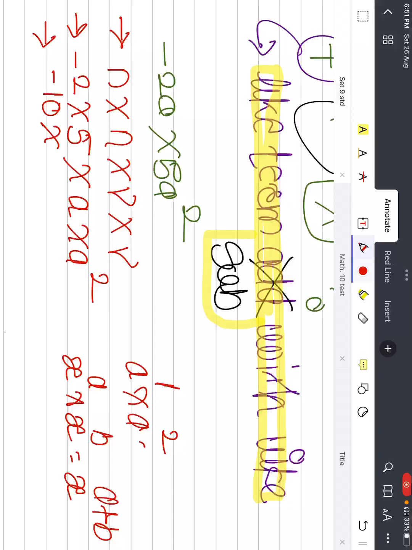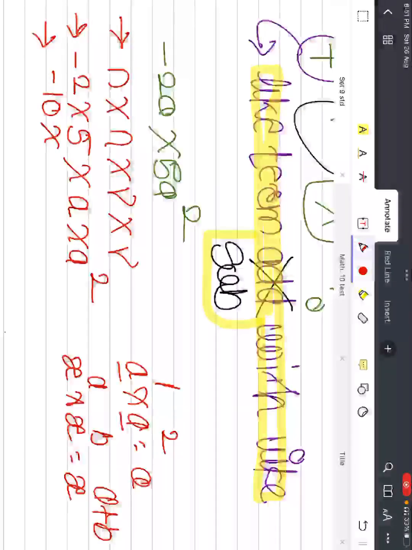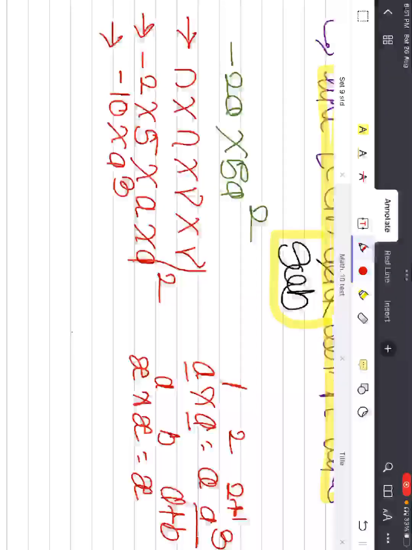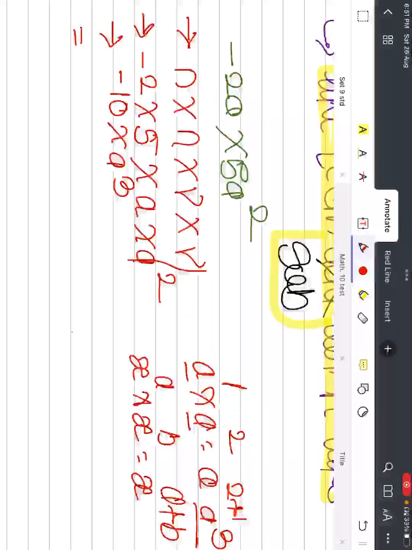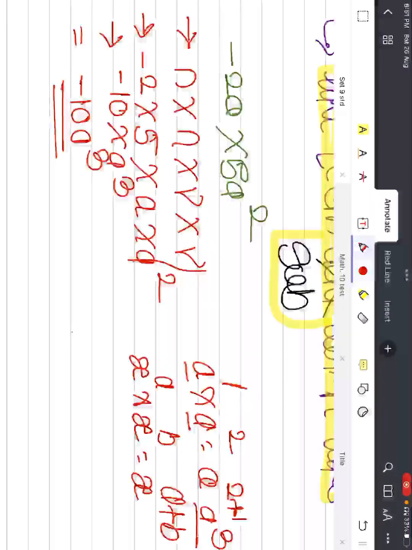Similarly, a is the base and the base is common, so take a common and simply add the exponents. So 2 plus 1 we got as 3. So here we write it as a cube, and the overall answer is minus 10 a cube. Minus 10 a cube is the correct answer for this multiplication.